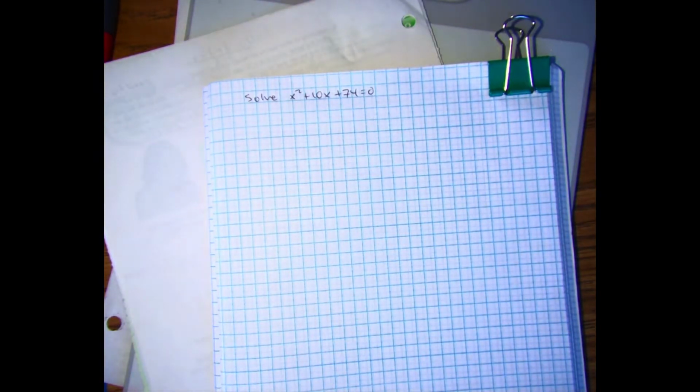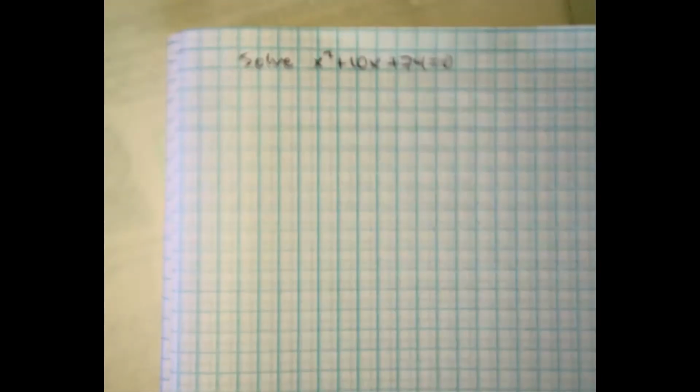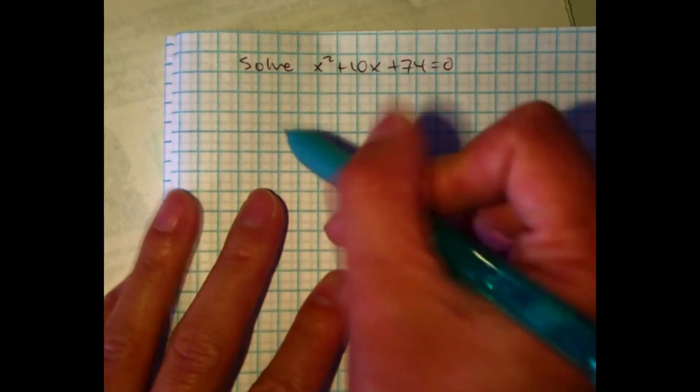I have: solve x squared plus 10x plus 74 equals 0. Leslie, what's the first thing we're going to do? Write down the quadratic formula. What's the quadratic formula?